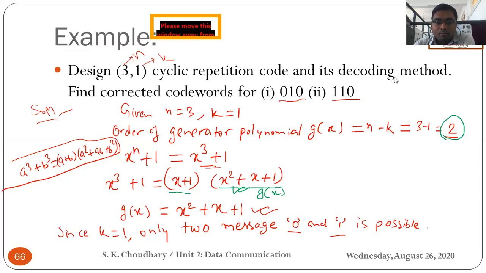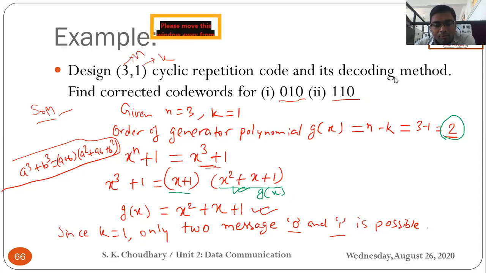For this encoding method we require a generator polynomial, which we defined as g(x). The order of g(x) is n minus k, that is 2 here, and through that we defined the polynomial x squared plus x plus 1 as g(x).